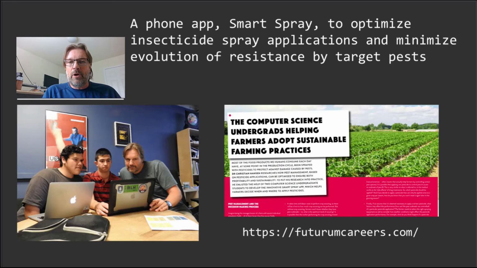Once I explained the project to them, they got really excited, and Alex was in charge of developing the Android version and Gabriel the iPhone version. So they were working together but on two different operating systems and developing the same program. So we got them involved, and therefore now are able to offer this phone app free to everybody who wants to use it.